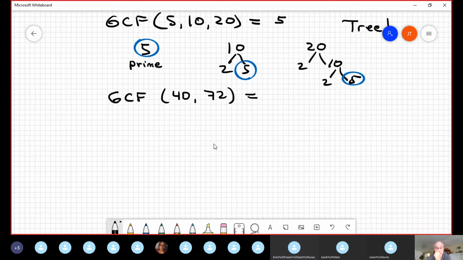It's complicated, right? I cannot find it directly. It's always factorization. You break it down: you break down 40, and you break down 72. 40 is even, no? 2 times 20. Okay, my recommendation is that you do the factorization in the order of the prime numbers.